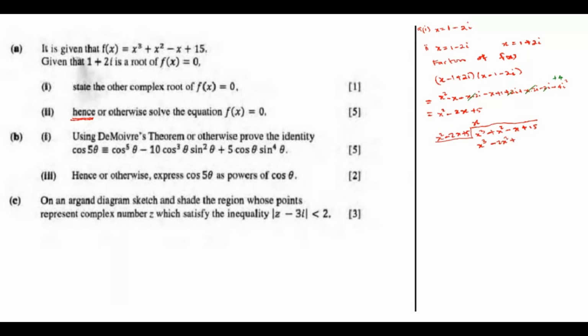Then we subtract. x cubed minus x cubed is 0. x squared minus minus 2x squared becomes plus 2x squared, so it's going to be 3x squared. Then we have minus x minus plus 5x, which becomes minus 6x. Then we bring down the 15.